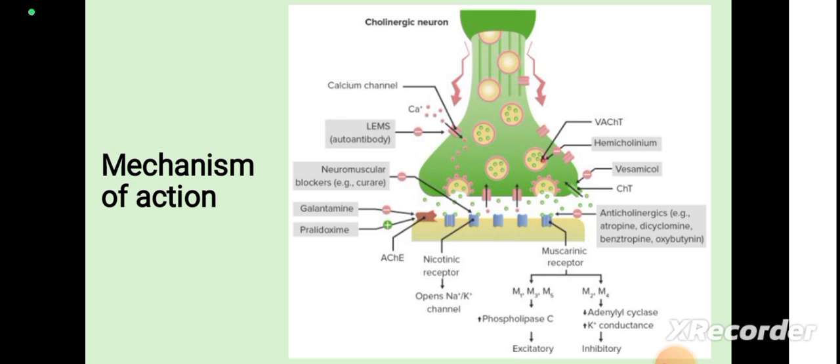Now you can see the cholinergic neuron depicted with the red arrow. Here there are calcium channels, calcium enters from those sides, and the cholinergic neurotransmitters are already in the vesicles.